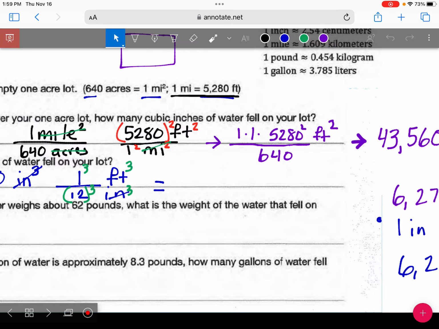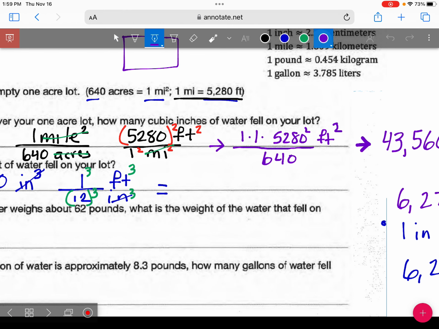We get 3,630. So we had 3,630 cubic feet of rain fall on our farmland.